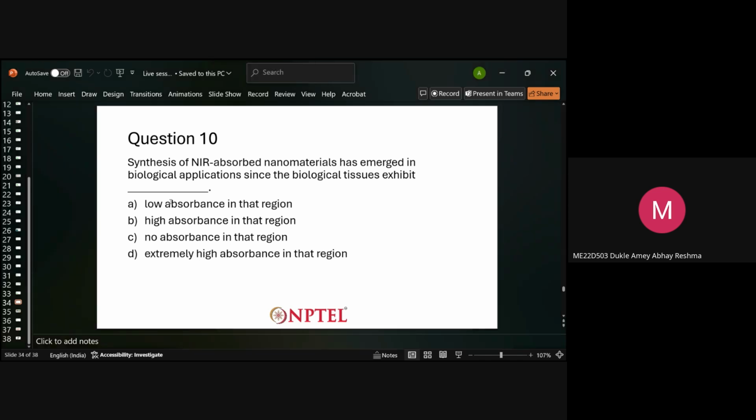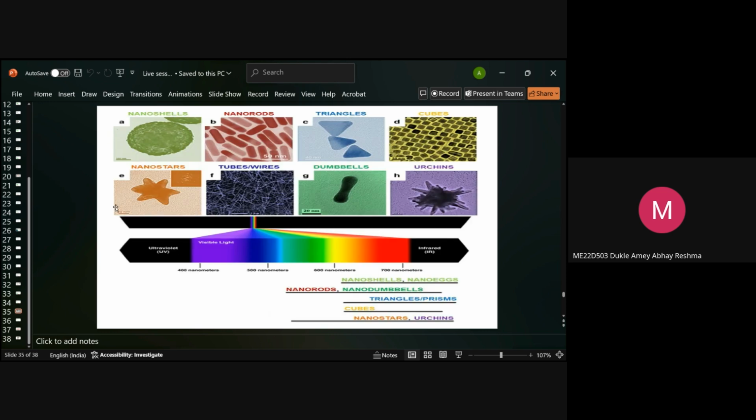So I'll just show you the absorbance spectrum of most of the tissues. These are a few biological tissues. Where do you think the absorbance is, from this chart?